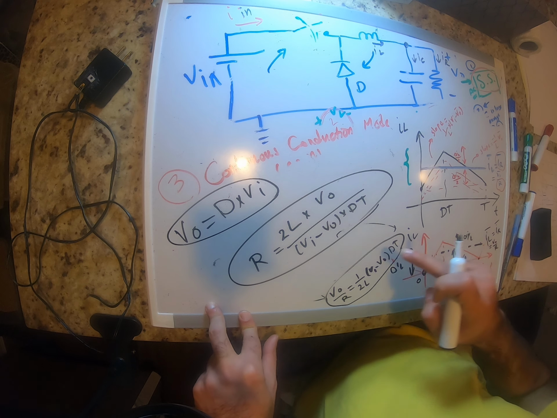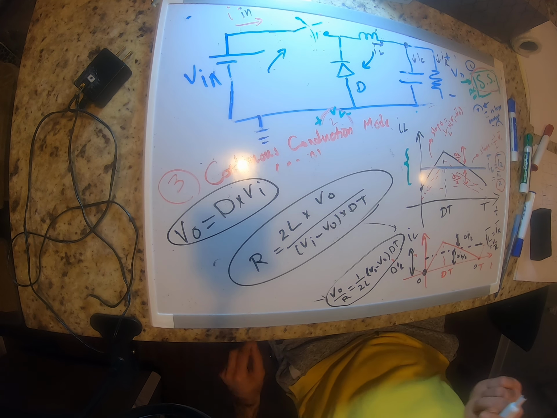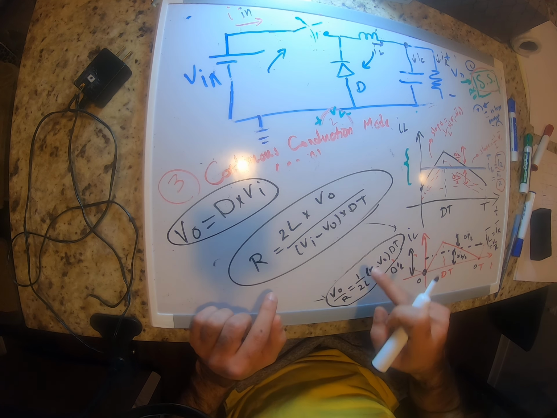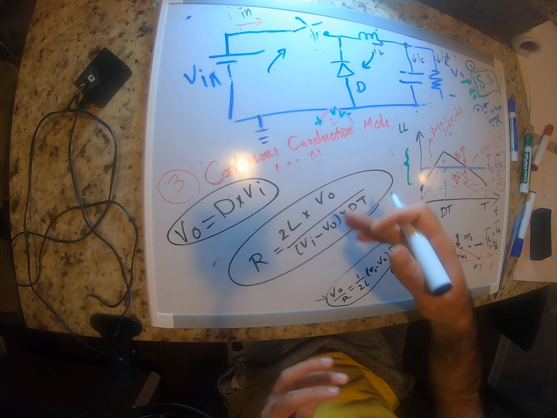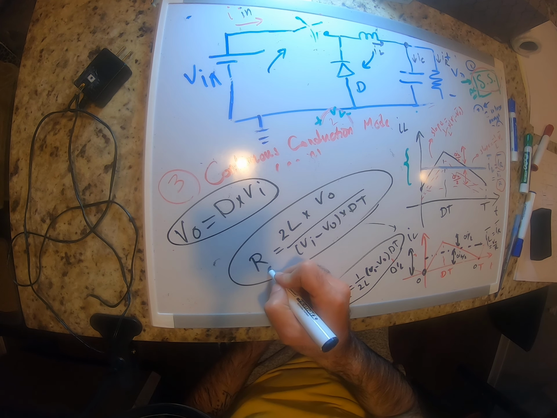Let me make sure that this is correct. Yes. You can write this in different ways, because you can write delta IL from this line, but this is basically what this critical R is.